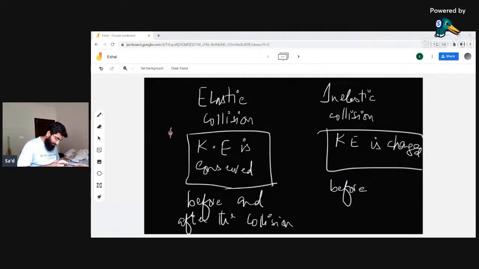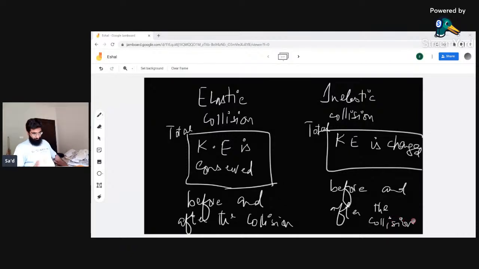Okay. ठीक है जी, ये हो गया elastic and inelastic collision.